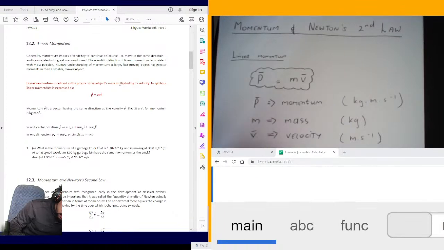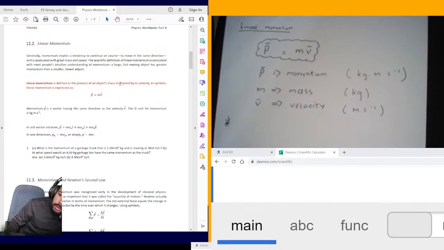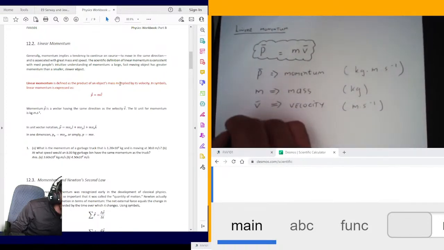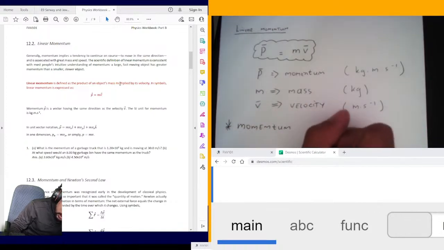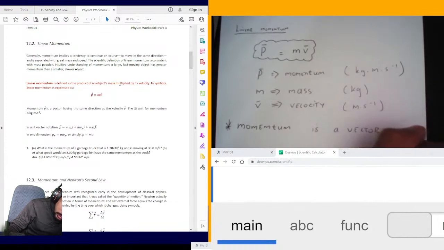Now here's something very important. Momentum is a vector, which we've already said here.